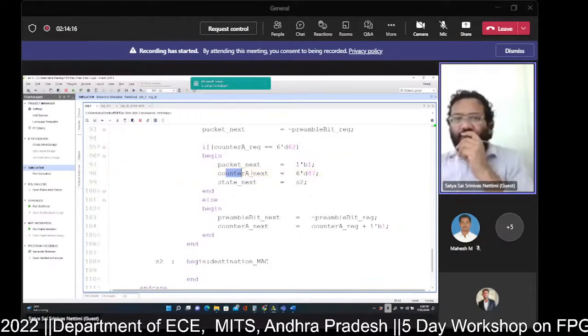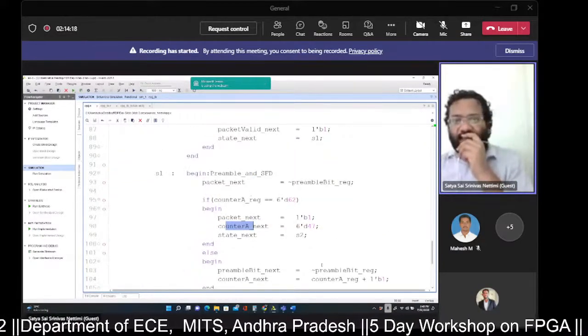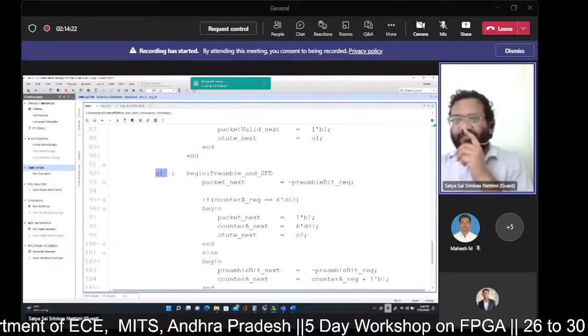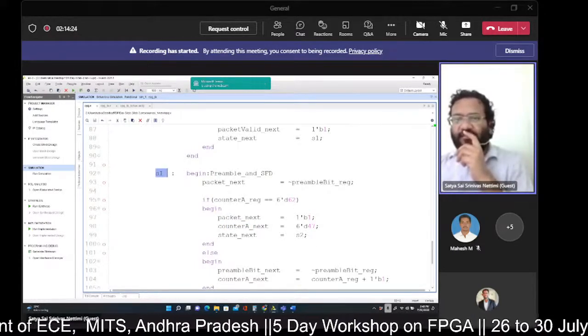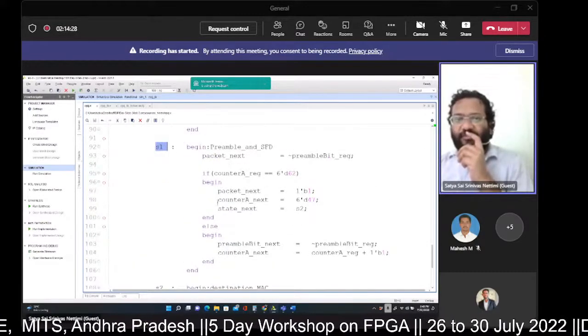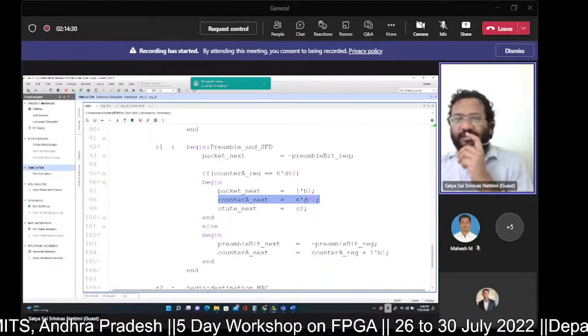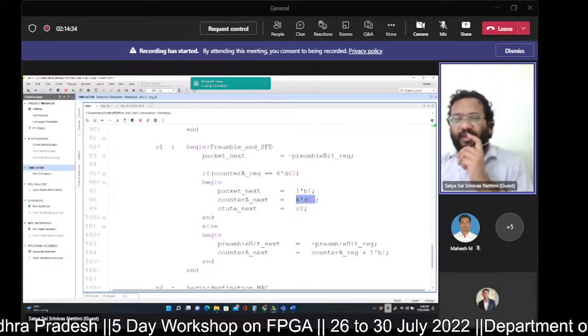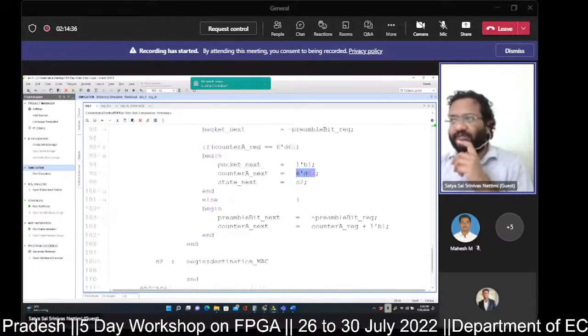Why? Because this counter won't be useful elsewhere in our design. It will only be used in S1. That's why, in order to reduce the hardware, I'm reusing the counter. So before jumping to the S2 state, I am resetting the counter to the intermediate value 47.